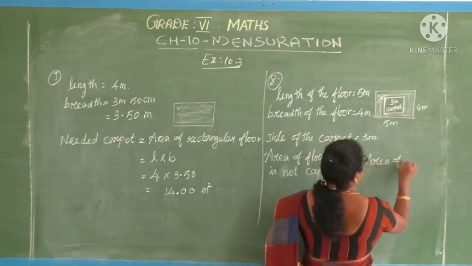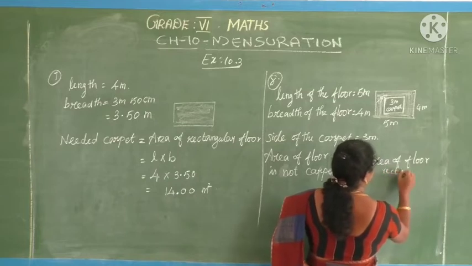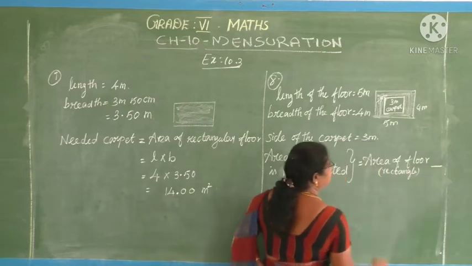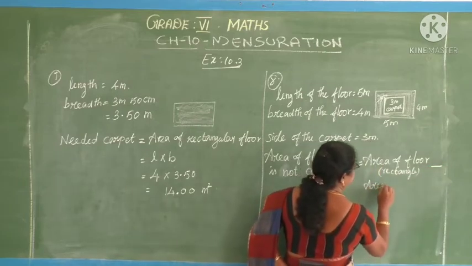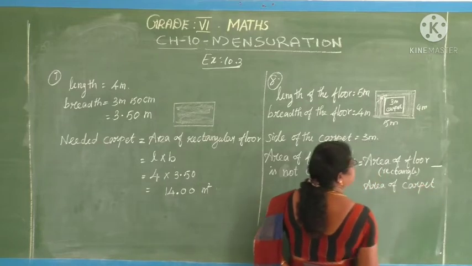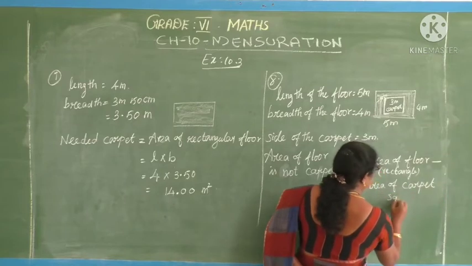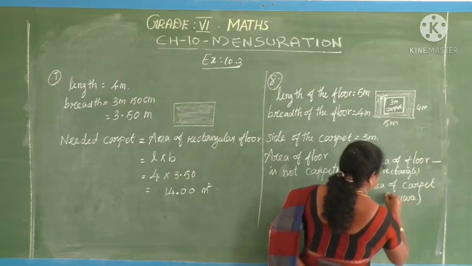Area of floor, that means rectangle, minus area of carpet. This carpet is square in shape, isn't it?